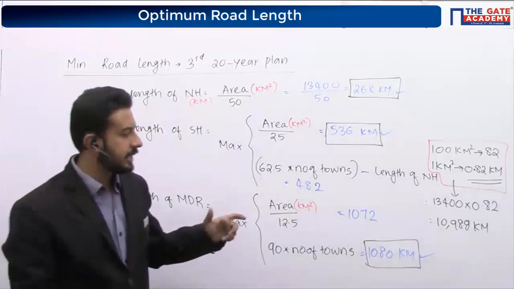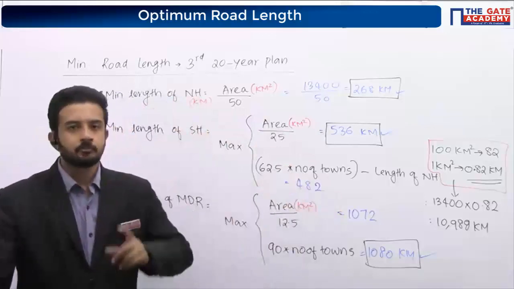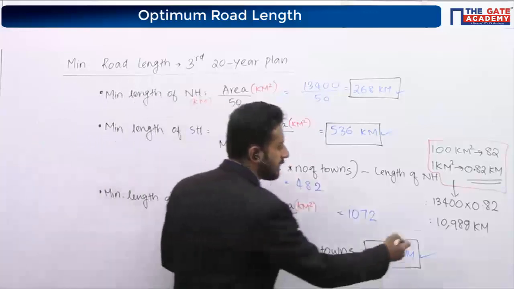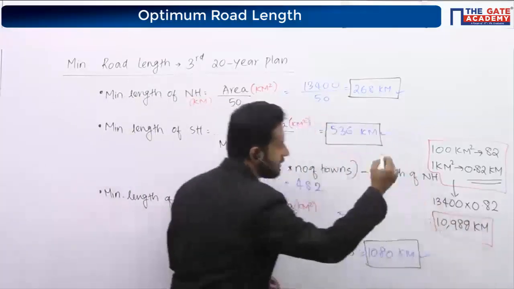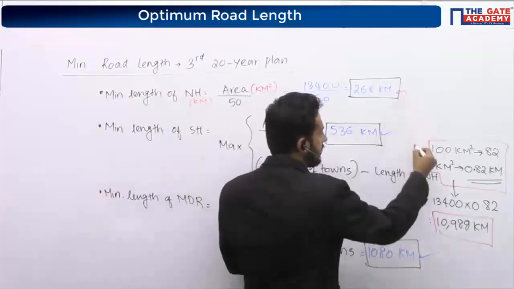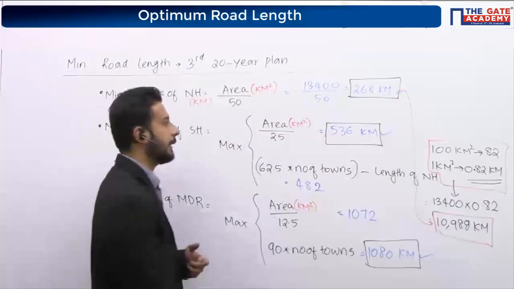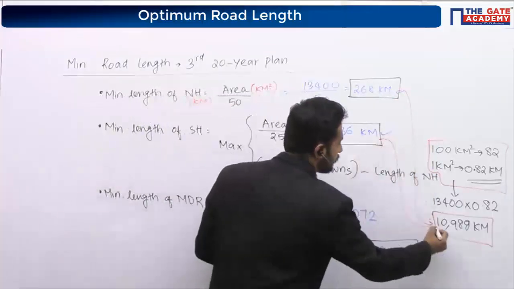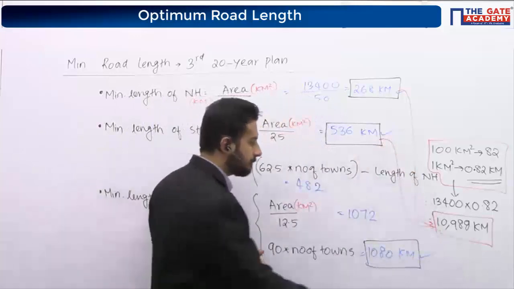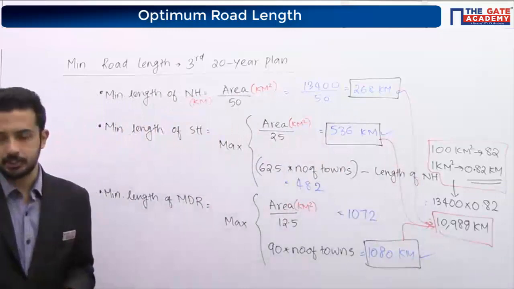So 10,988 kilometer length I need in total. In this total, which all things did I get? In that 10,988, 268 kilometer will be national highway, 536 will be state highway, 1080 will be major district road.